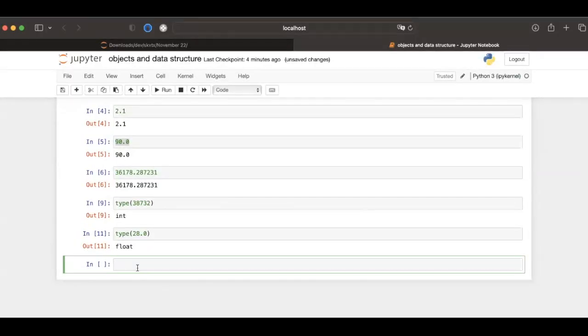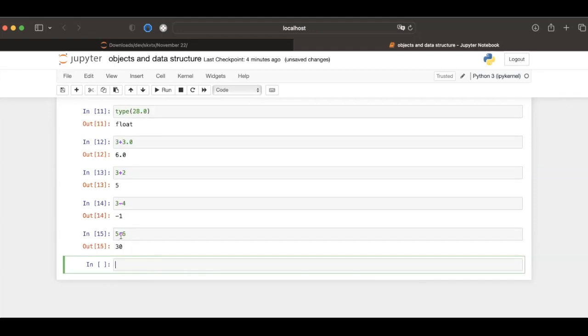So these are the two types of numbers in Python. You can do many different things with them, like addition, subtraction, multiplication, right? For example, 3 plus 3.0, 3 plus 2, 3 minus 4, 5 multiplied by 6.